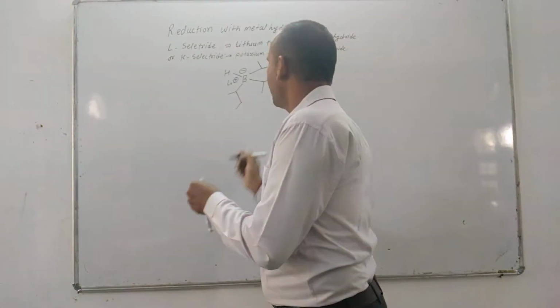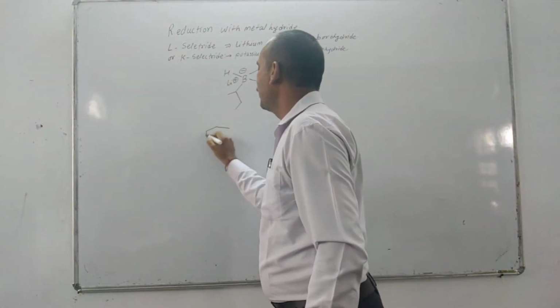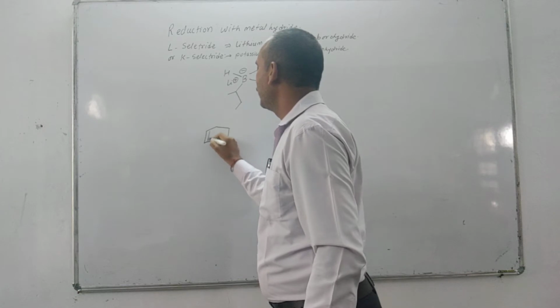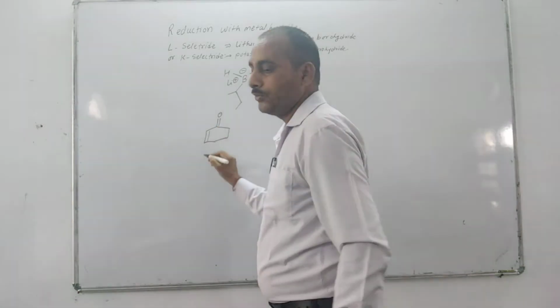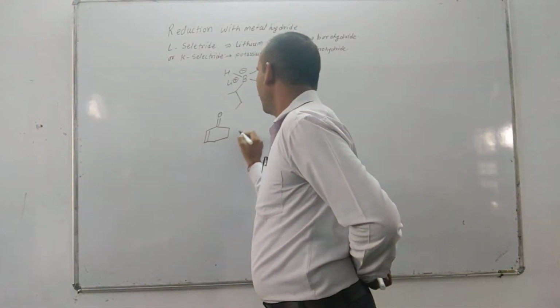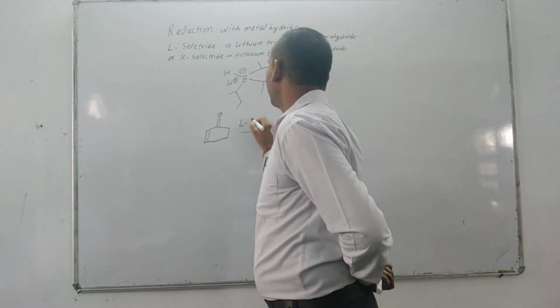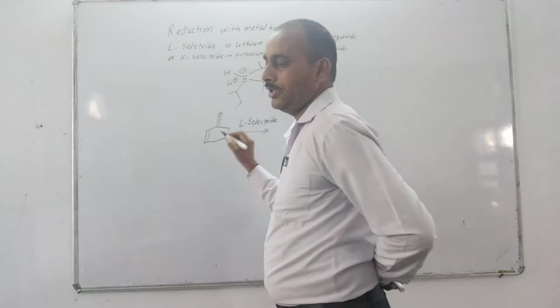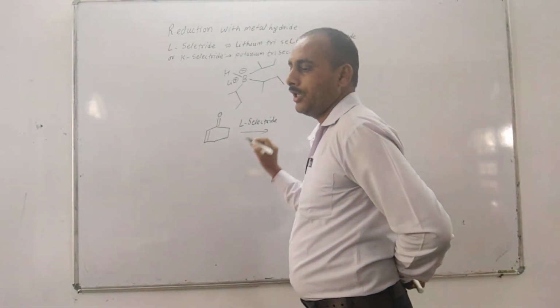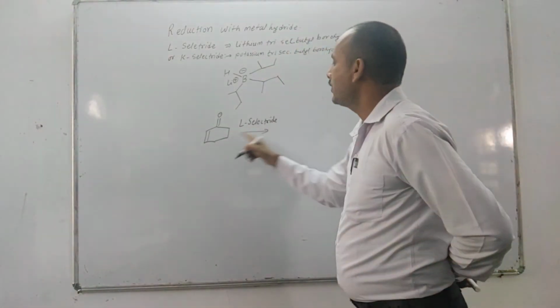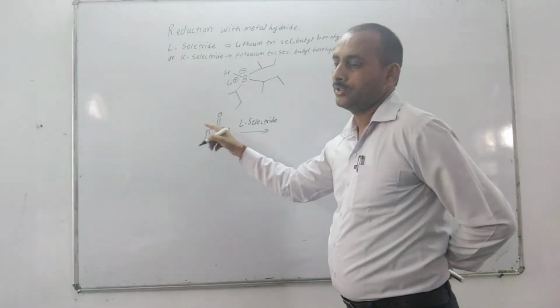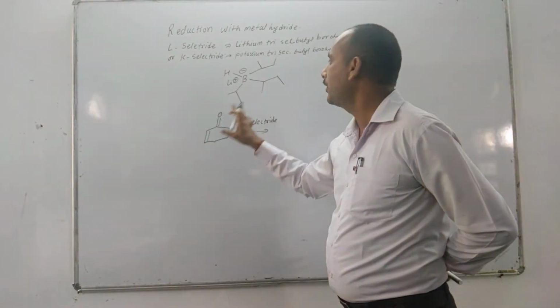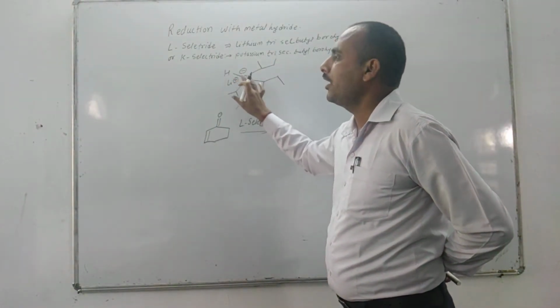Now, these reducing agents are chemoselective reducing agents for steric hindrance. So let's see the reduction of carbonyl compounds which are sterically hindered. C double bond O, in the presence of L-Selectride in the solvent THF, 1,4 addition of hydrogen takes place.